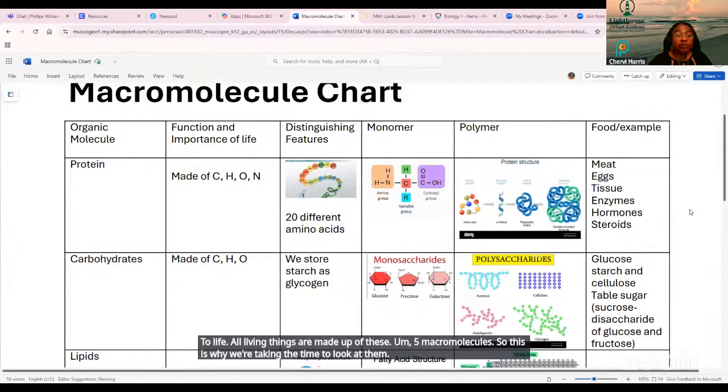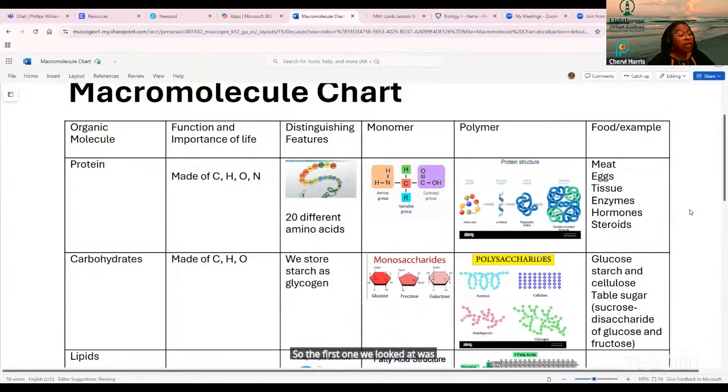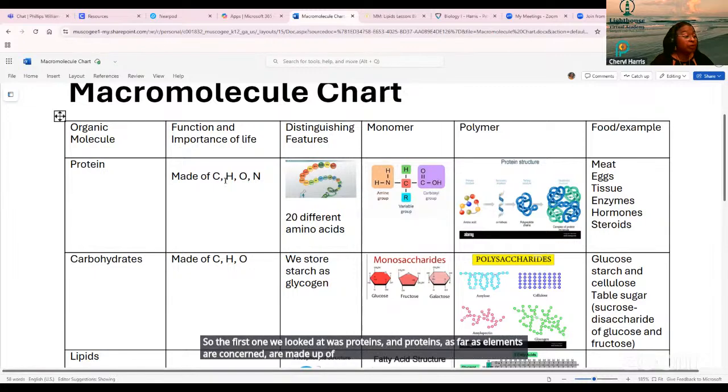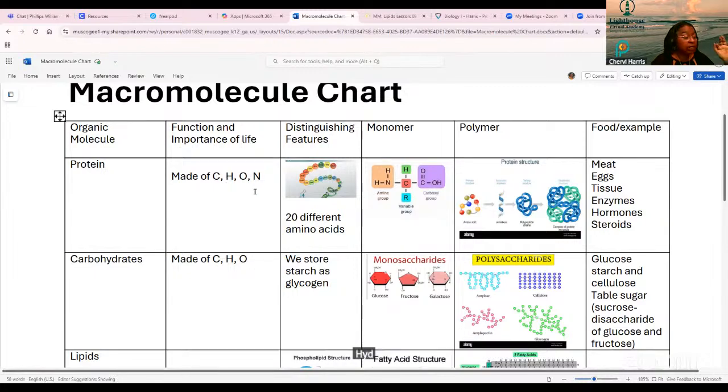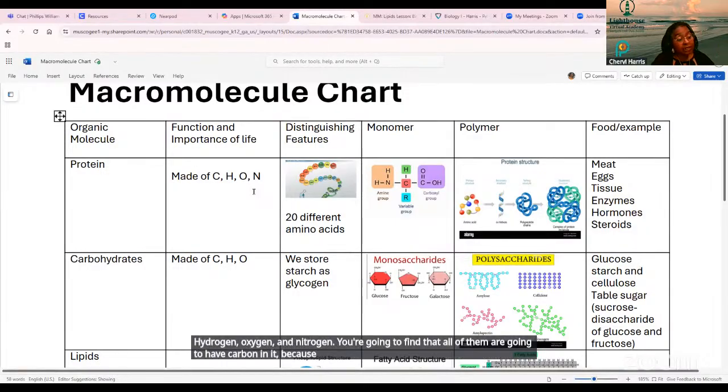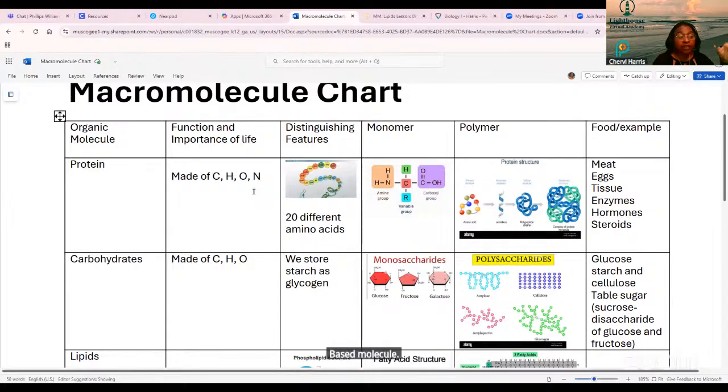So the first one we looked at was proteins, and proteins, as far as elements are concerned, are made up of carbon, hydrogen, oxygen, and nitrogen. You're going to find that all of them are going to have carbon in it because that is a characteristic of living things also. All living things are made up of some type of carbon-based molecule. If you watch sci-fi stuff, sometimes they refer to human beings as a carbon-based entity.